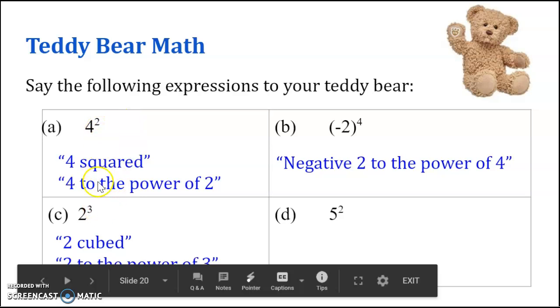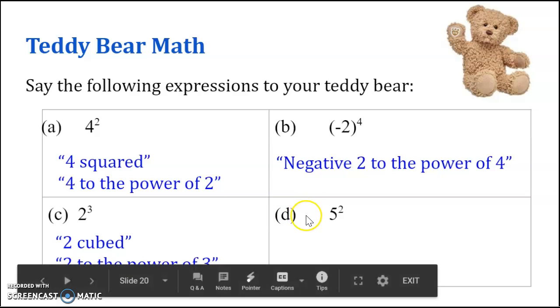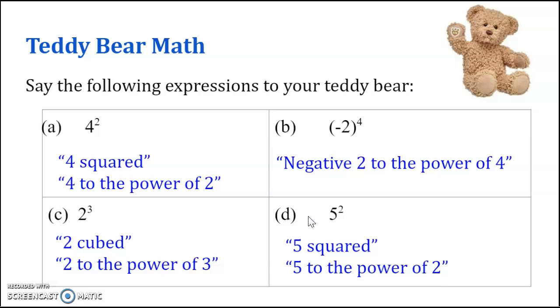Beyond 2 and 3, we do not have any special names. So we say to the power of 4. In this case, this will also be called 2 to the power of 3. And then lastly, this is just 5 squared or 5 to the power of 2.